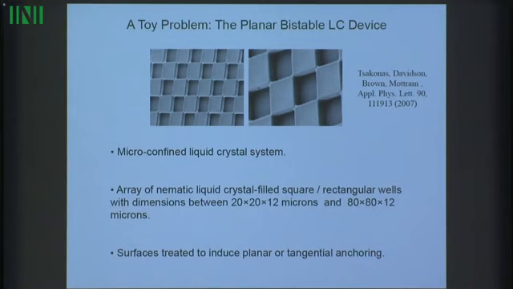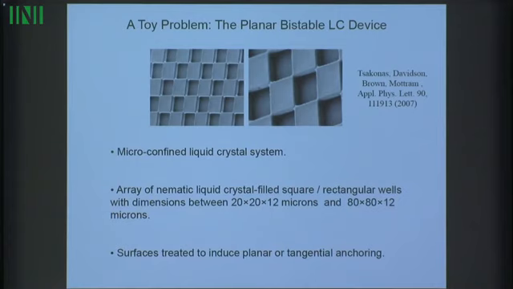So for a mathematician, this is a fantastic geometry, square or rectangular wells filled with nematic liquid crystals. But these wells were experimentally reported to be quite shallow, which means that the vertical dimension is actually quite small compared to the cross-sectional dimensions according to the experimentally reported results.